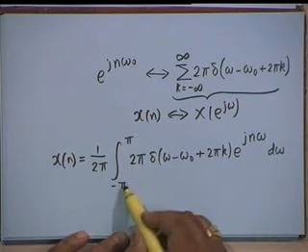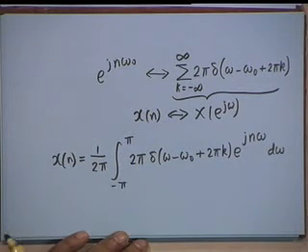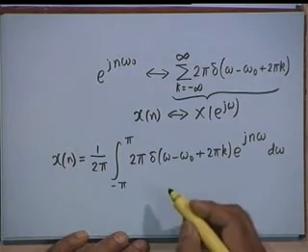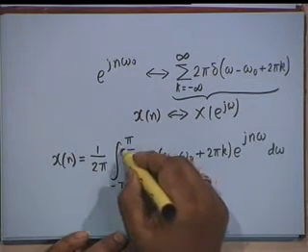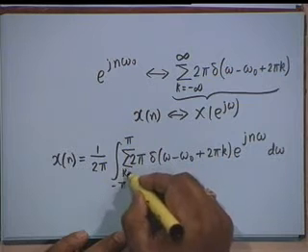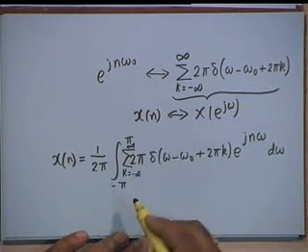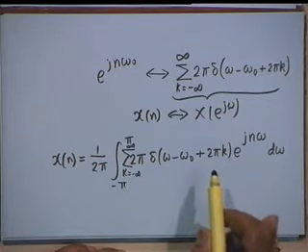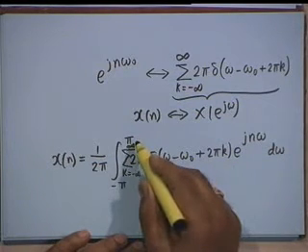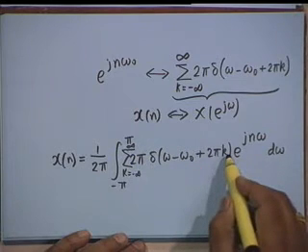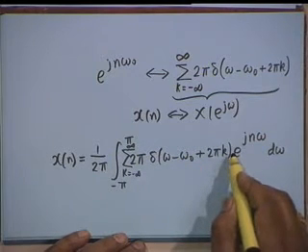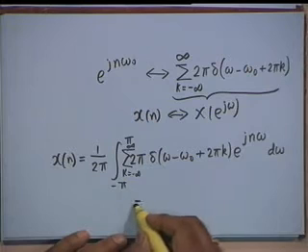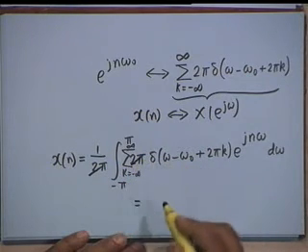And in this range minus pi to plus pi, I am sorry, there is a summation here, from k equal to minus infinity to plus infinity. In this summation, you have to consider only one term in minus pi to plus pi, k would be equal to 0. This is the base band, and therefore 2 pi and 2 pi cancel.